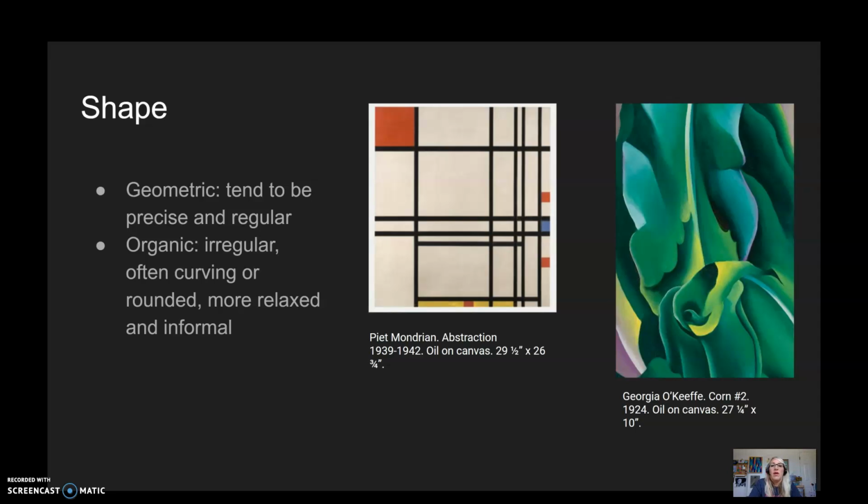Okay. We also want to point out that shapes can be either geometric or organic. Geometric shapes are things, think about math, they're precise, they're regular. And then organic shapes would be like this O'Keeffe painting: irregular, sometimes they curve, they're rounded, very informal and relaxed.